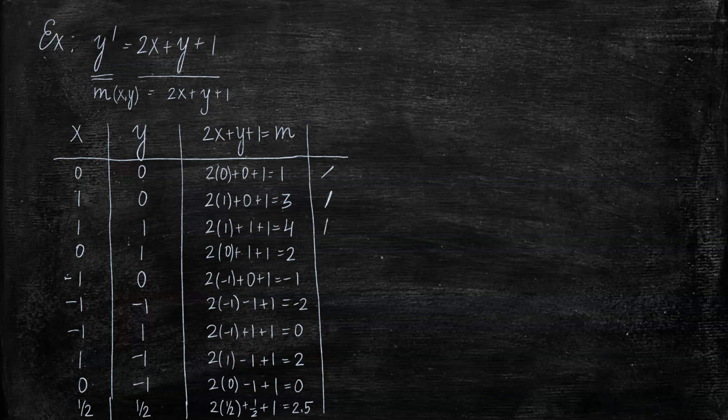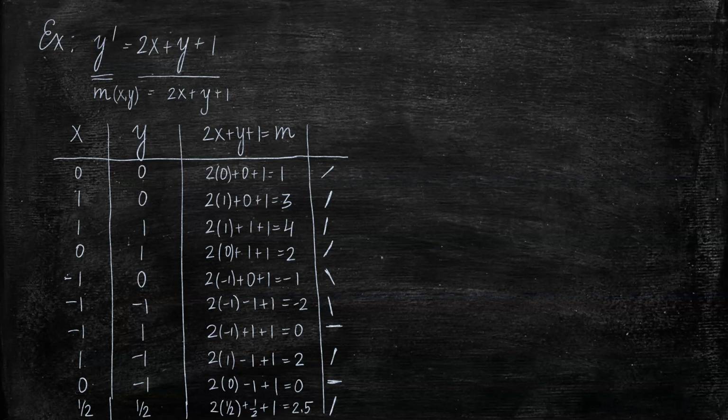At 1, 1, it's going to be steeper. At 0, 1, it's going to be less steep. At negative 1, 0, it's going to be negative 1. At negative 1, negative 1, it's going to be negative 2. At negative 1, 1, it's going to be 0. At 1, negative 1, it's going to be 2. At 0, negative 1, it's going to be 0. And at 1/2, 1/2, it's going to be somewhere between 2 and 3. So something like this.